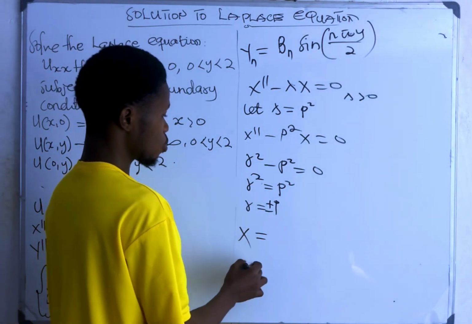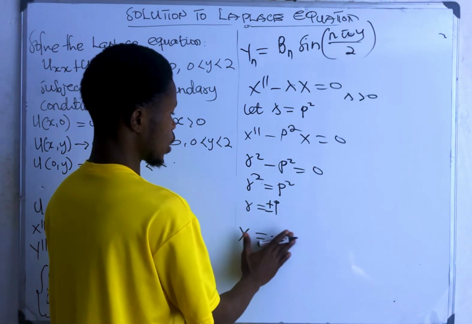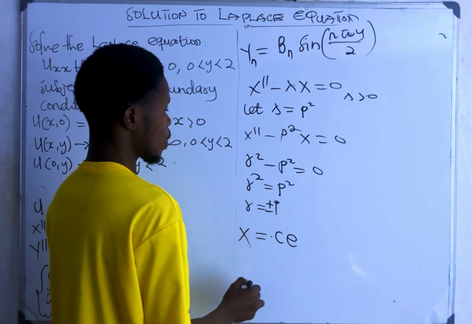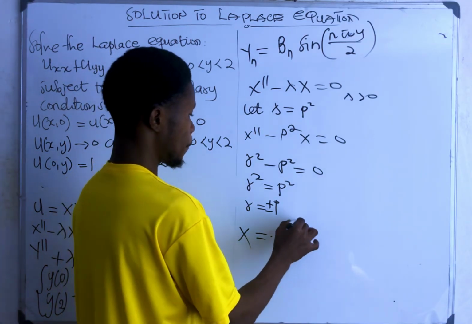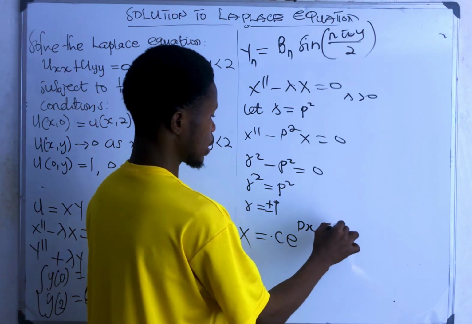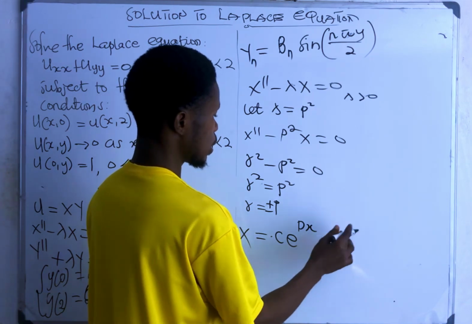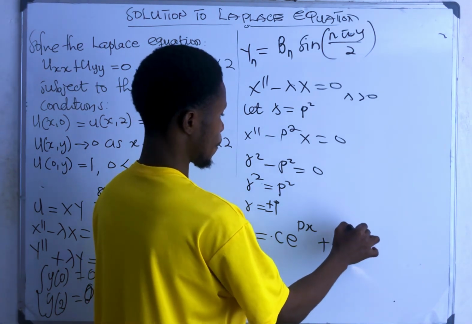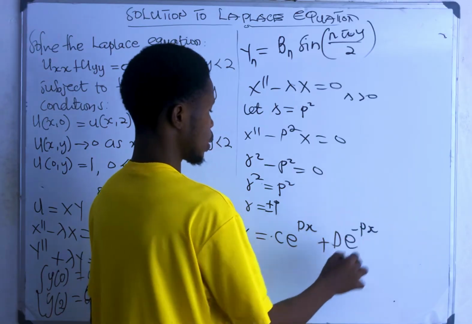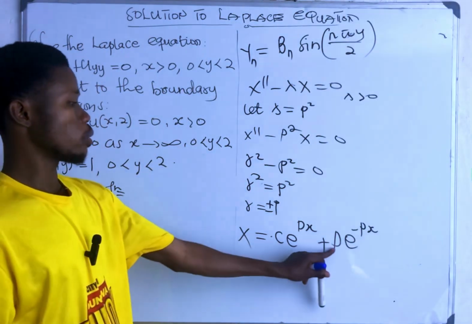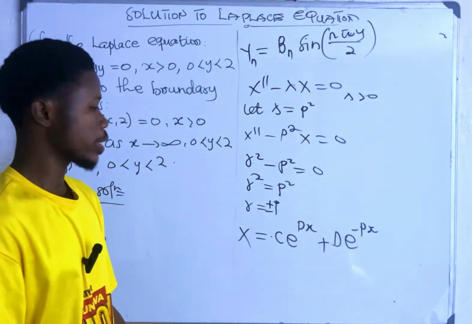X is equal to, okay, let me use different variables, c e to the power px plus d e to the power negative px. So this is what we have, c and d. Perfect.